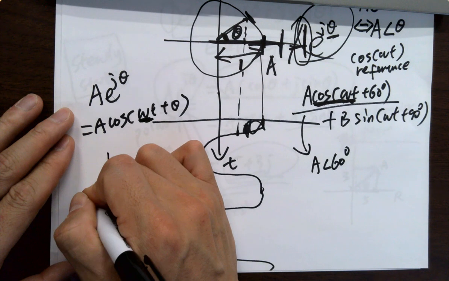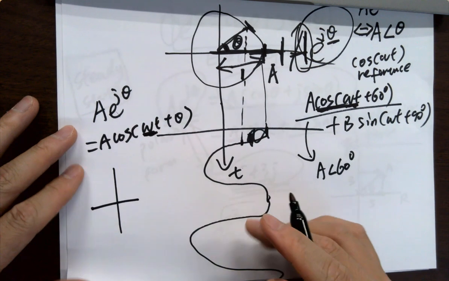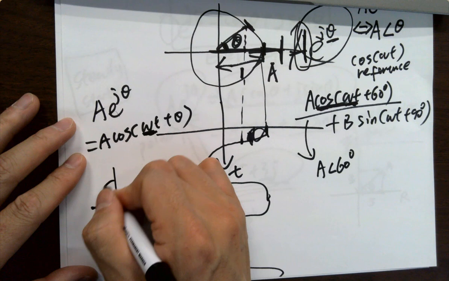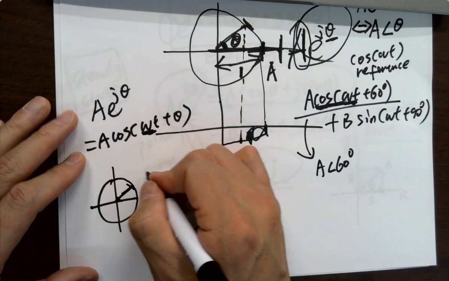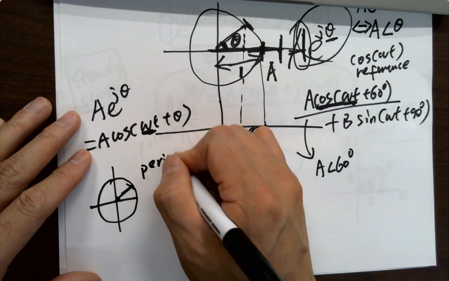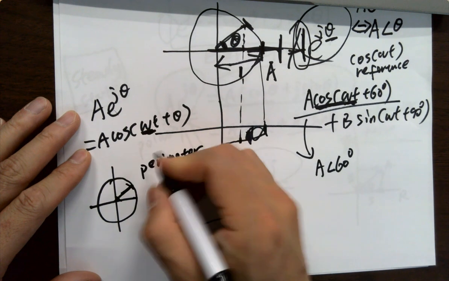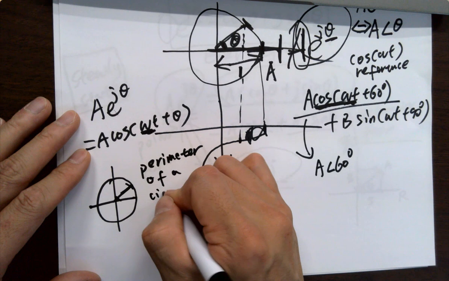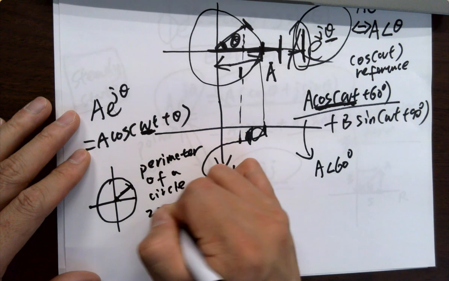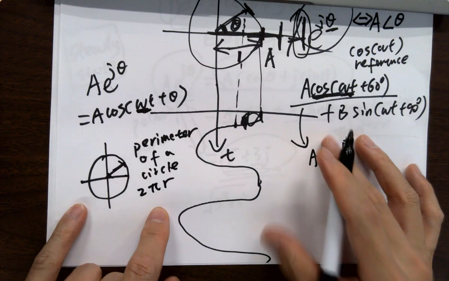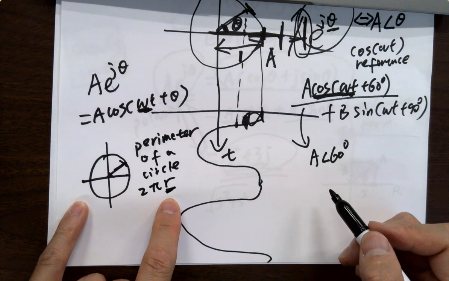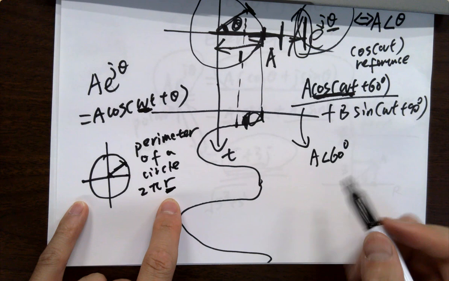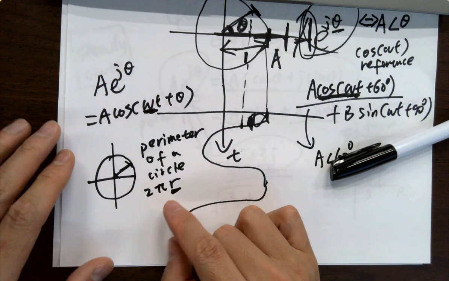So if I draw a circle, that's a radian, right? It's called radian. And what's the parameter of a circle? 2 pi r. Okay. So for the whole circle, how many lengths of r's are in there? It's a really interesting question to ask yourself.